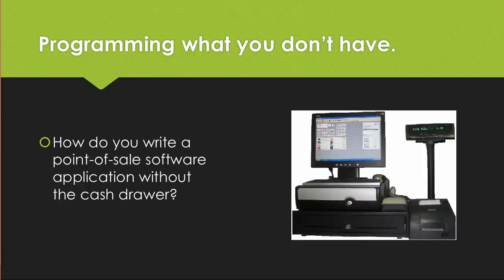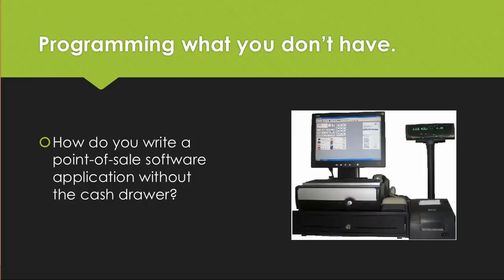You can continue writing the complete point-of-sale application without actually needing the true hardware. This is the magic of the interface. And as you'll see, as we implement it in the example that we're going to use, it does seem kind of like it's doing sort of magic.